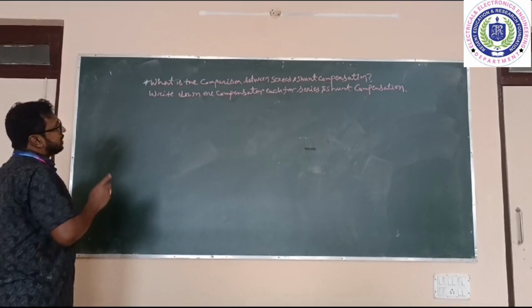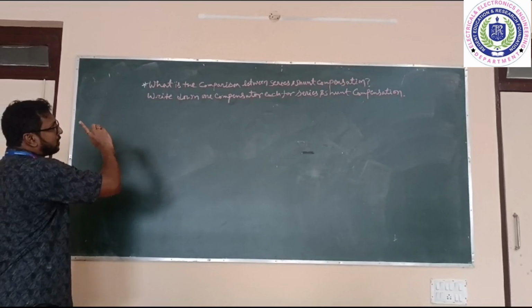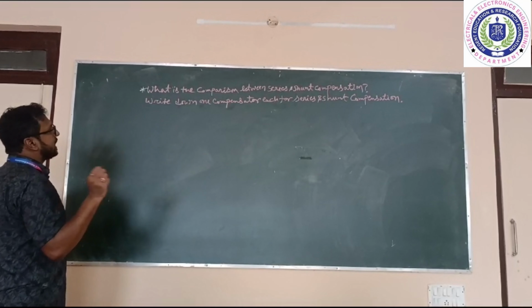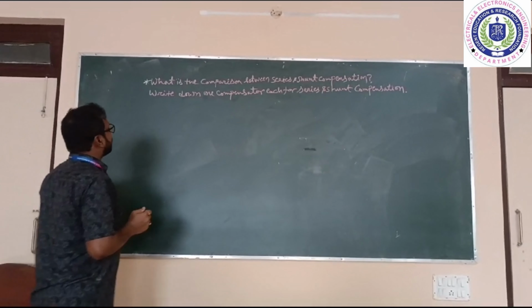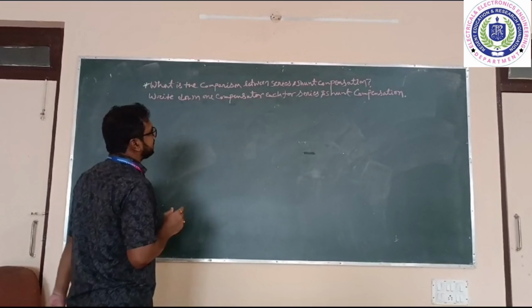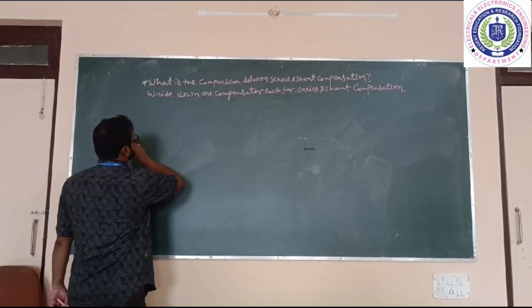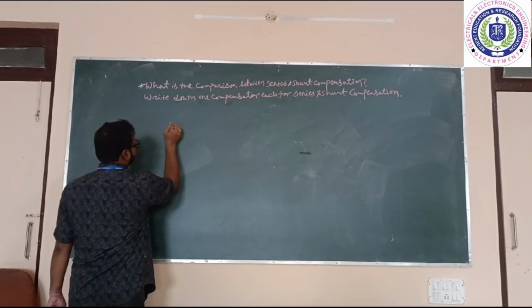That means for answering the first question, you have to differentiate between series and shunt compensation, and in the second part, you have to give an example of series and shunt compensation with description. So, for answering the first question, I would like to draw the connection diagram as well as the phasor diagram respectively.